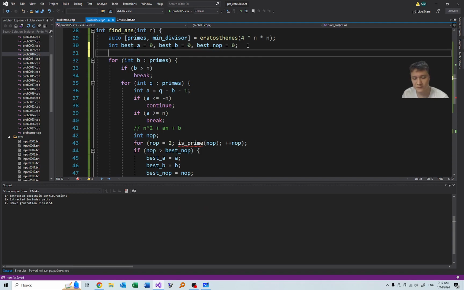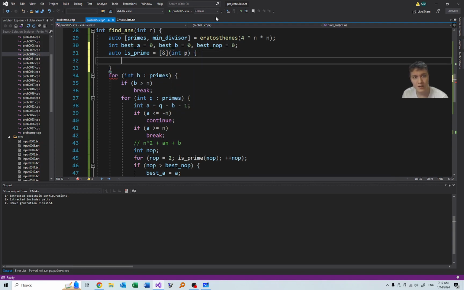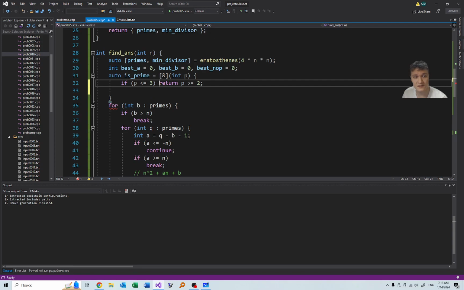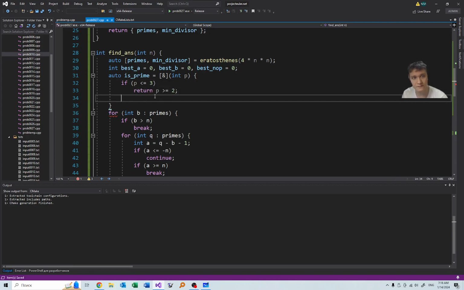Let's now write the function is prime, which will use our Eratosthenes sieve. How does it do it? First of all, it checks that if P is at most like 3, return P is at least 2. This is easy. You don't want any negative numbers.